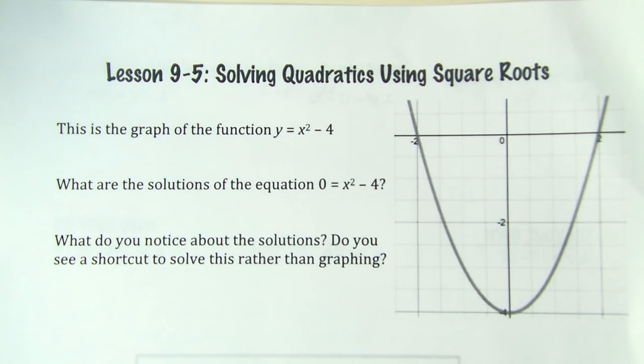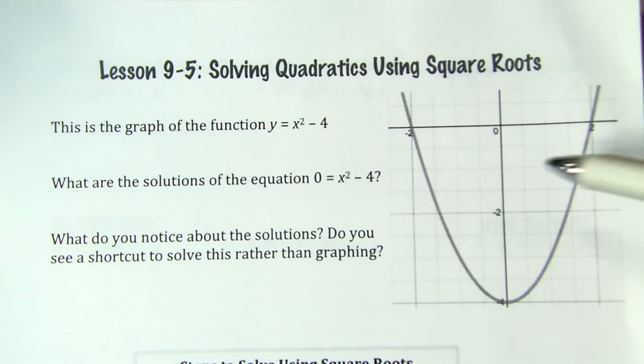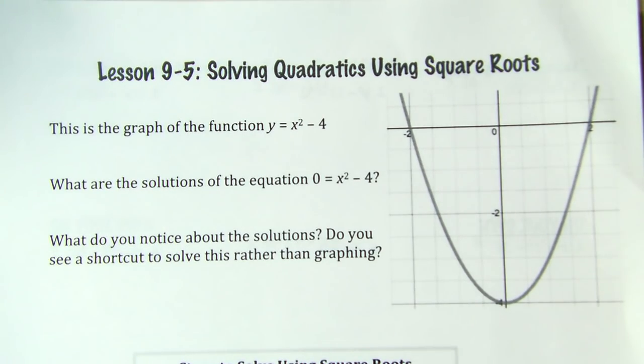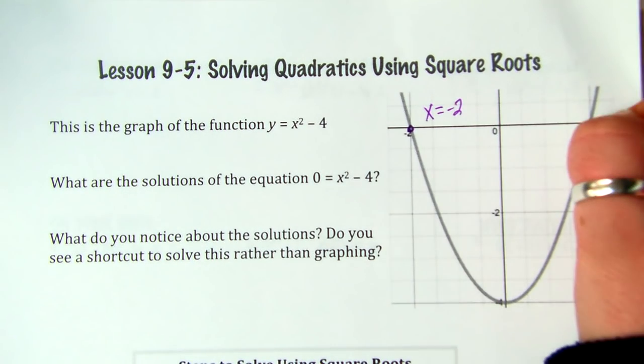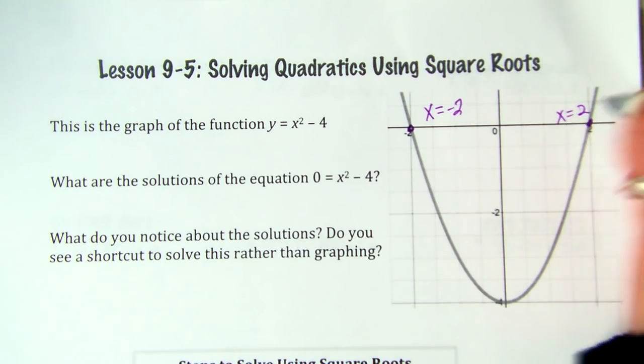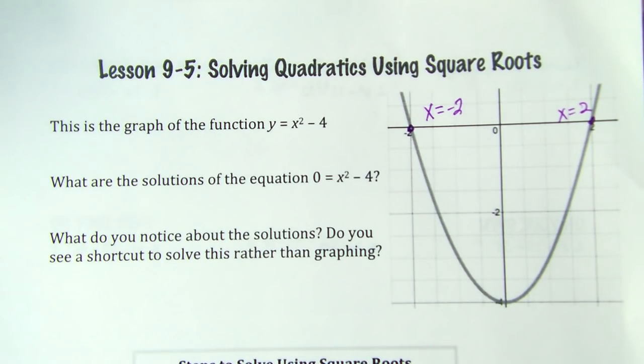So last week we graphed a parabola and found the places where it crossed. If we were doing this in a different lesson, we would graph it and say, okay, x is equal to -2 because it crosses here, and then x is also equal to 2. Today, we're going to do it without graphing.